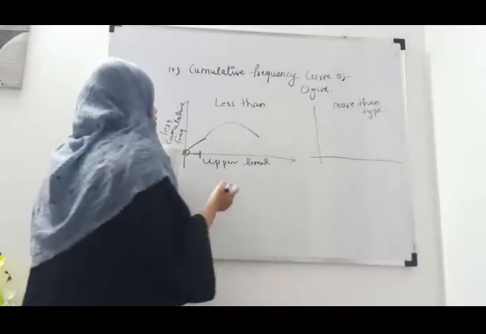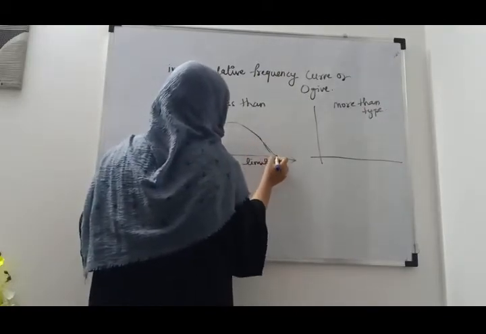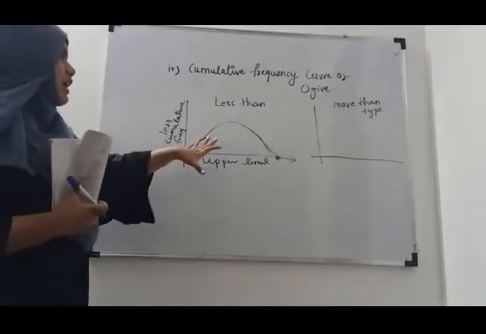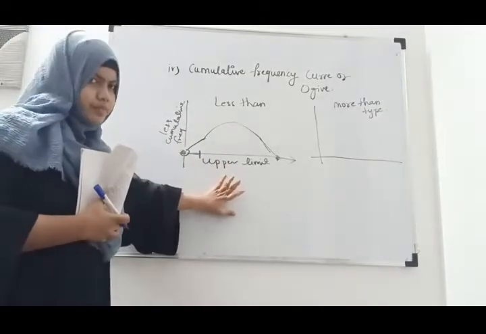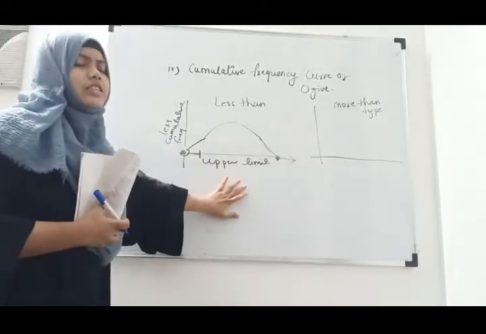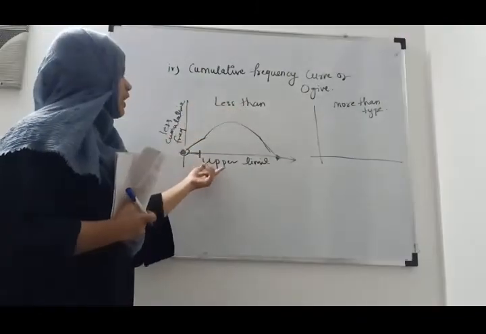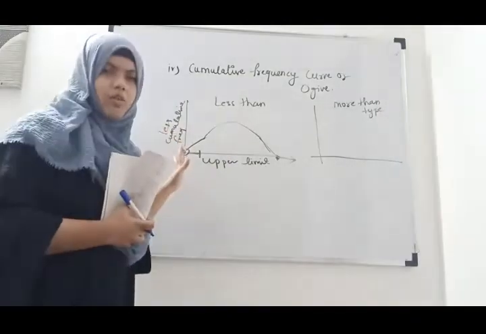Okay, and also here we have to take the succeeding class, and the frequency will be 0. Just like we did in the last figure, in the same manner we have to do in this graph as well. Okay, so in the less than type frequency curve we have to take the upper limits on the x-axis and the less than cumulative frequency on the y-axis.